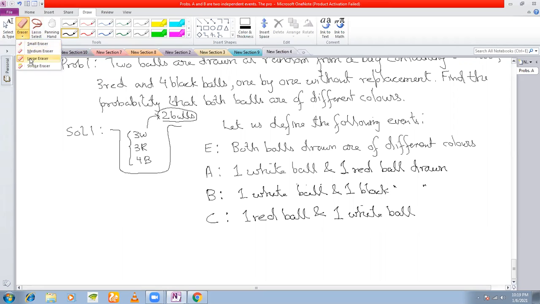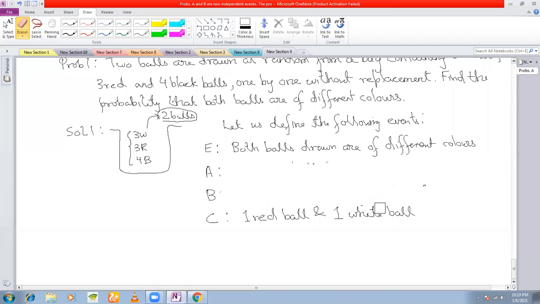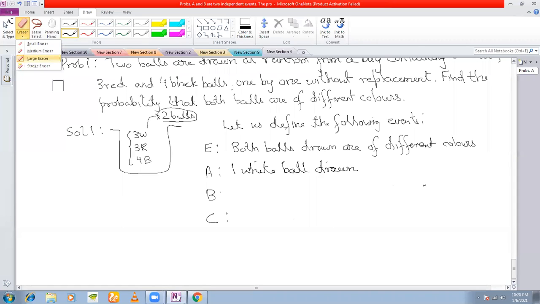Or instead of defining it this way, let us proceed the other way, because the question of mutually exclusive events will come into the picture. So this is the easier way. One white ball drawn, then the complementary event will be one non-white ball drawn.